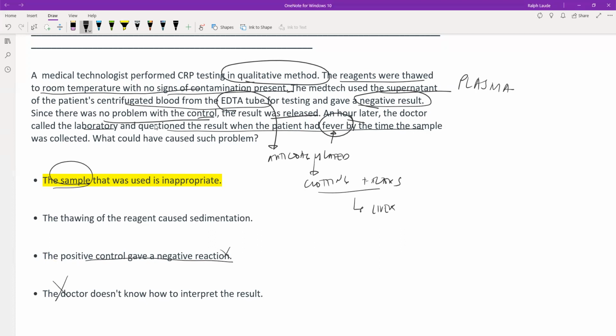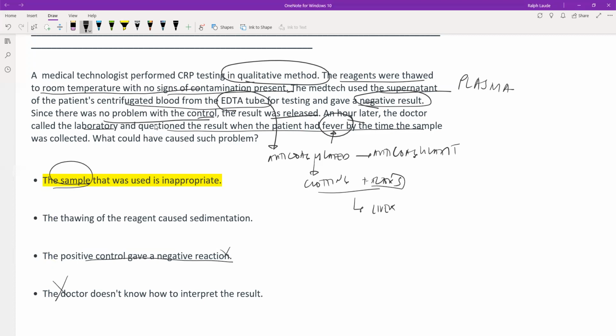Remember that in serology and chemistry, the reason why we do not use plasma in testing is mainly because it is anticoagulated. So one thing is that the anticoagulant could have interfered with the testing. That is why we really avoid plasma. And aside from that, clotting factors, since they are also in the form of proteins, could actually be interfering.